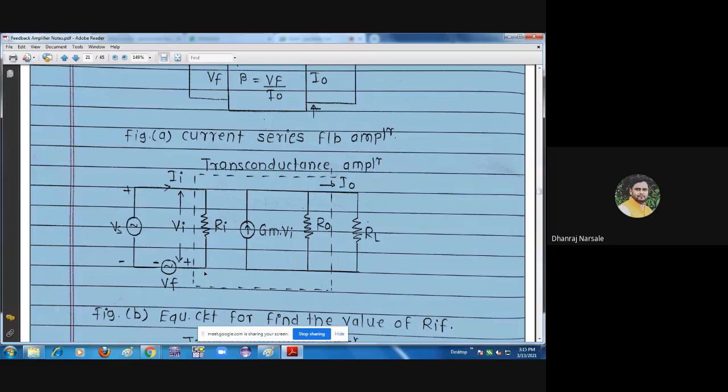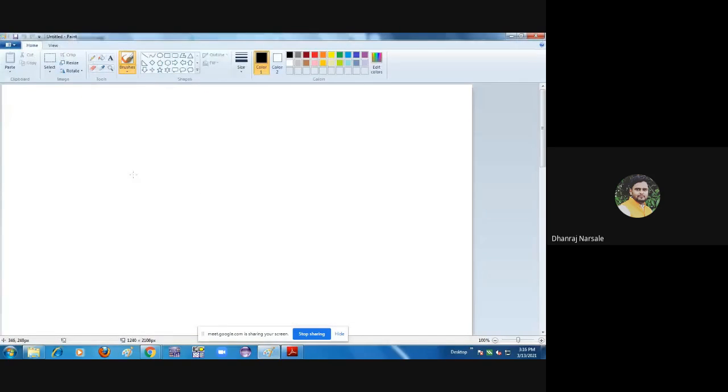Naturally, is it correct? Yes, sir. Is the equation I told correct? Okay, Smita Lokhande wrote minus VS plus RI into II plus VF is equal to 0. Okay, this is correct.